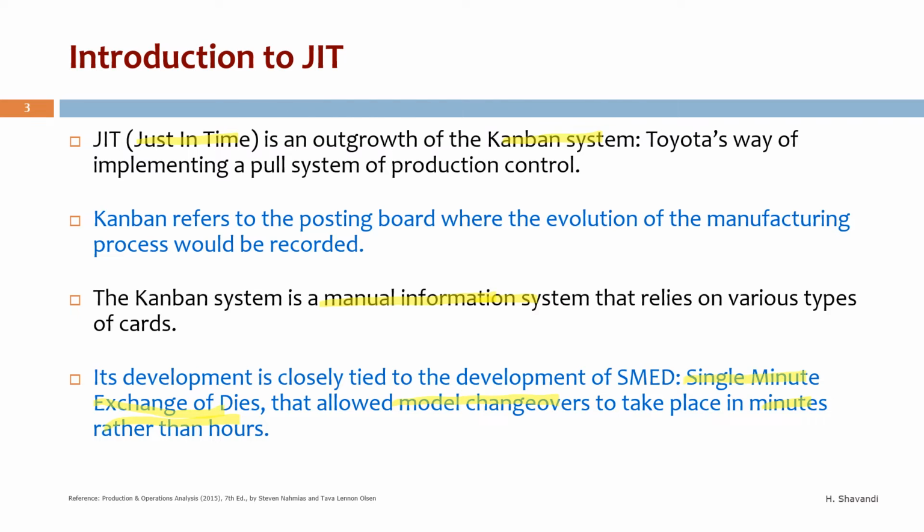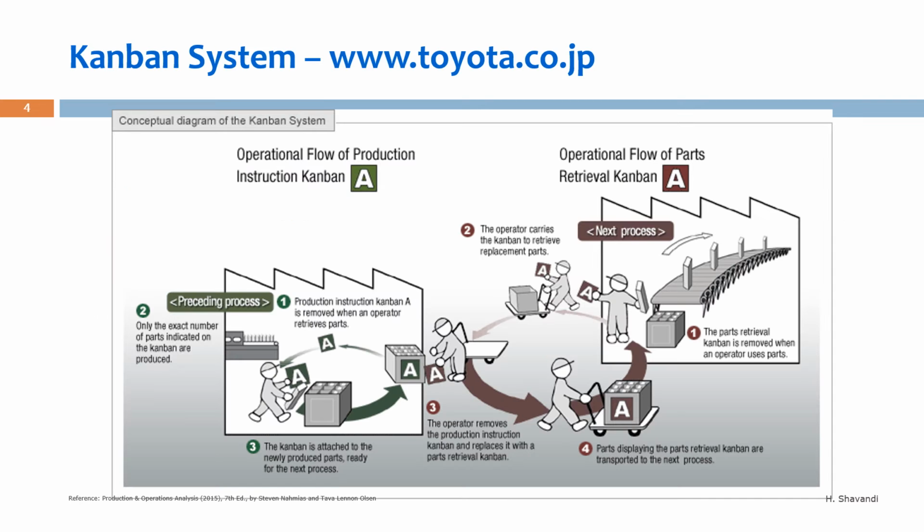This speeds up the production process, so they are able to implement the just-in-time philosophy. In this figure, you can see how the flow of information and data in the production process is conducted by using the Kanban system.